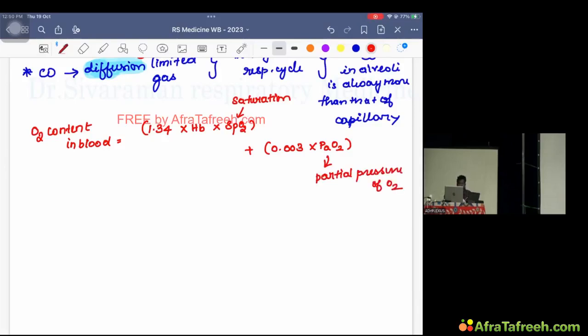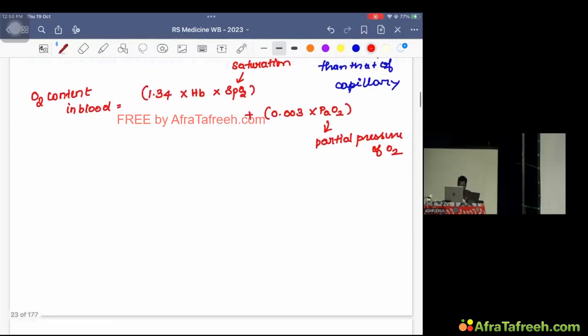You all know why this 1.34: one molecule of hemoglobin will bind with 1.34 ml of oxygen. So for that we put 1.34 here.